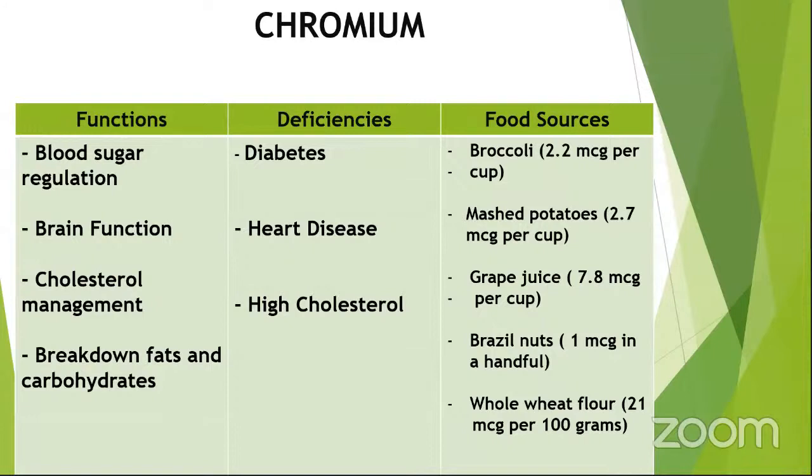Now, some food sources of chromium: 1 cup of broccoli has 2.2 micrograms, and mashed potatoes has 2.7 micrograms, and the grape juice. Remember, any kind of juice, we should only drink 4 ounces, and it has 7.8 micrograms of chromium.